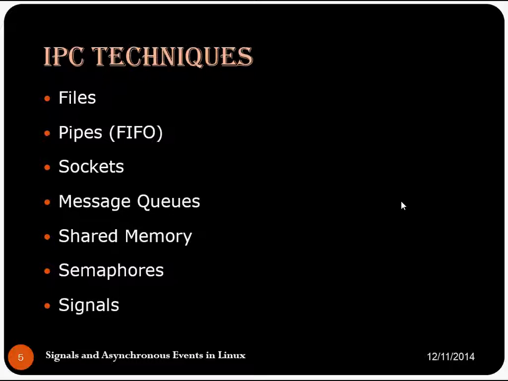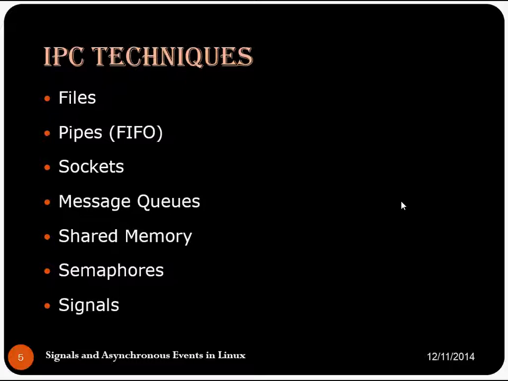The first one is a simple file-based IPC, wherein one process writes some data into a file, and another process can read from the file. Pipes are also similar to files, but more advanced in that they use a FIFO mechanism, wherein a process writes data through one end of the pipe and another process reads it from the other end. Sockets are used for communication between two processes over a network using TCP or UDP protocols.